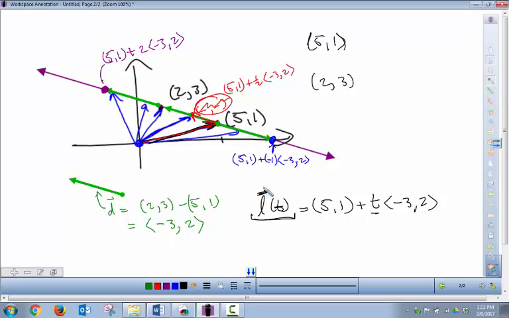If you're given 2 points, yeah. Okay. So let's take a look at the components here. We have our starting point, and we have our direction vector.